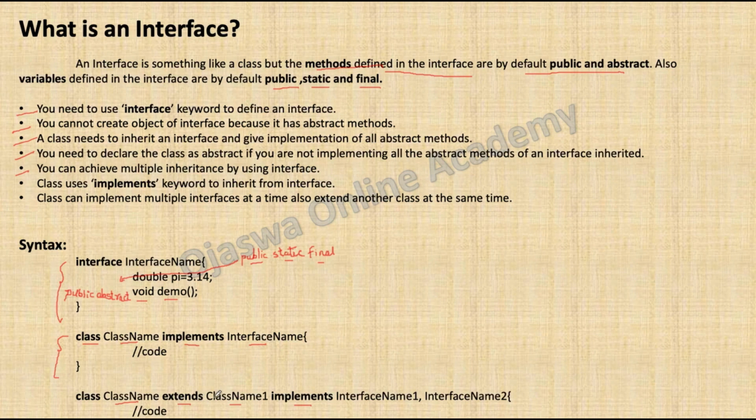But you can extend a class and implement multiple interfaces at the same time. This is allowed. So by doing this, you can achieve multiple inheritance to some extent. Class uses implements keyword to inherit from interface. Class can implement multiple interfaces at a time, also extend another class at the same time.